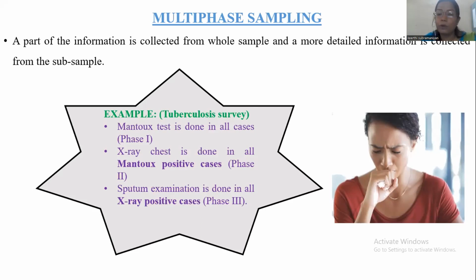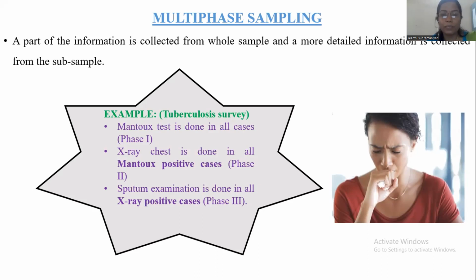And only those who are positive with the X-ray will go to the next step. Right? This is to conserve the resources that we have. So in multi-phase sampling, part of the information is collected from the whole sample, and then detailed information is collected from limited samples. Clear?